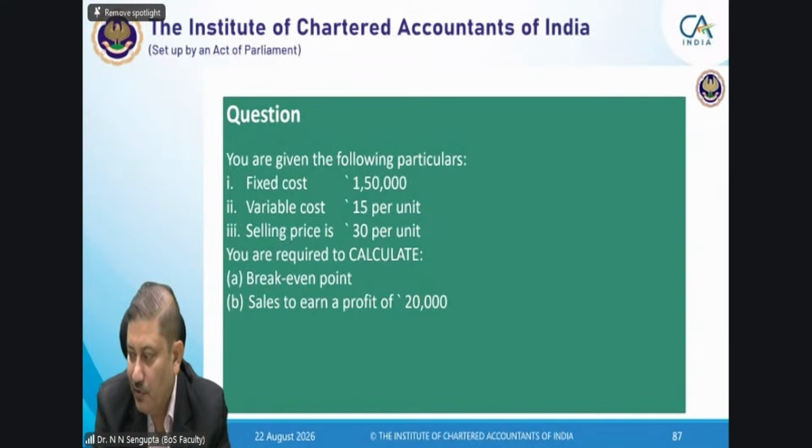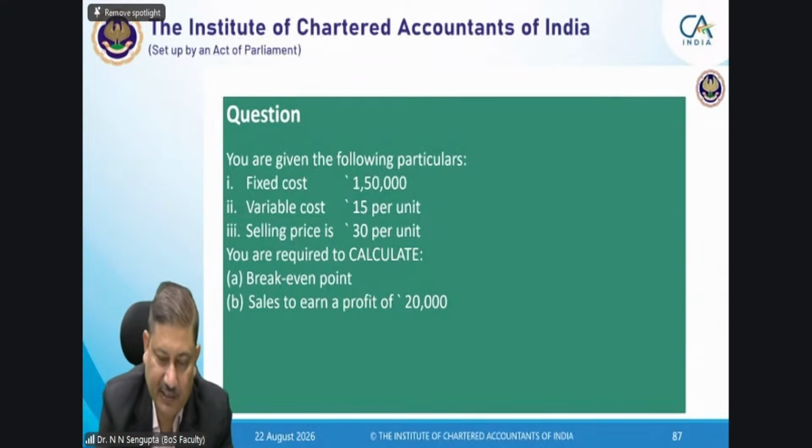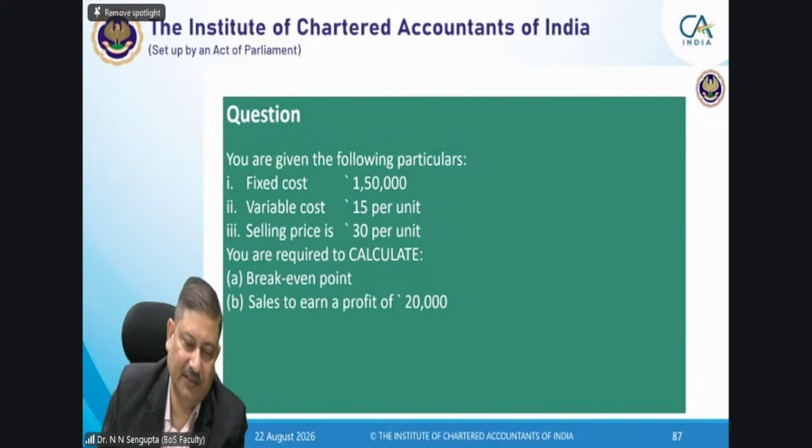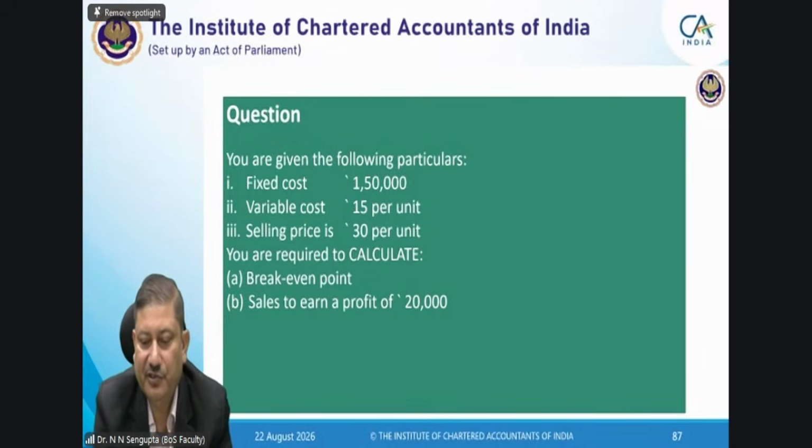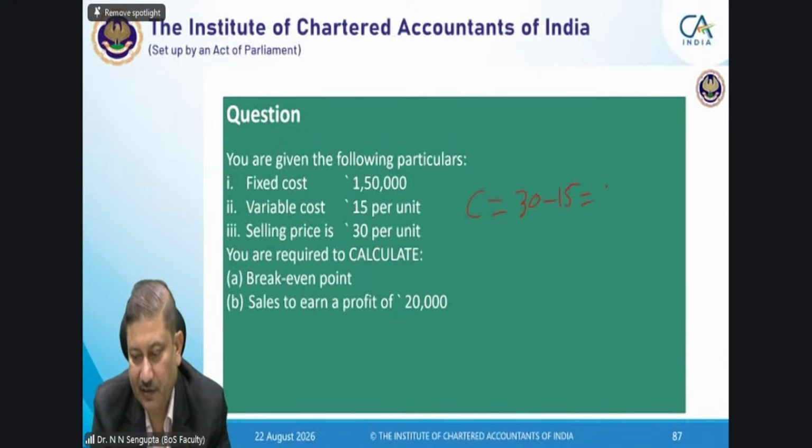What is the amount of fixed cost? 1,50,000. What is the amount of variable cost? 15. What is the selling price? 30. Can you calculate contribution first? It will be 30 minus 15, that is 15. Can you calculate PV ratio then? It will be 15 by 30 into 100, that is 50%.